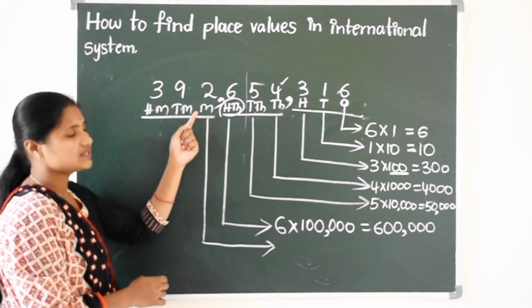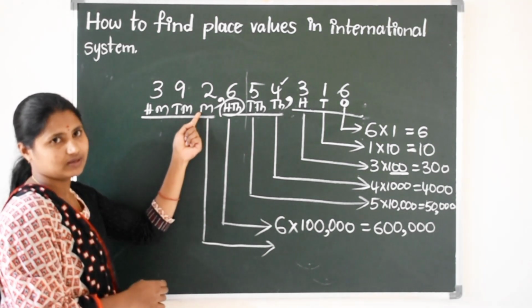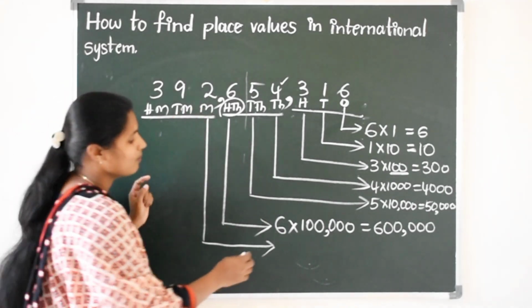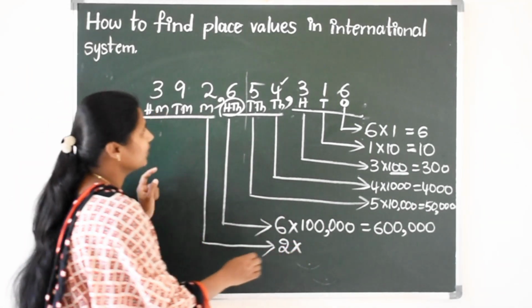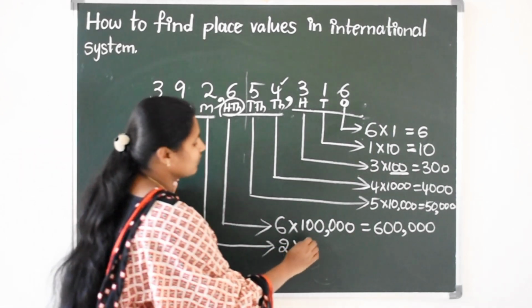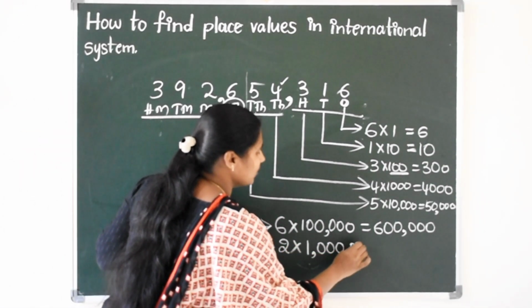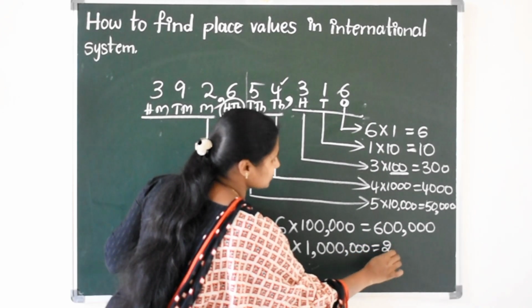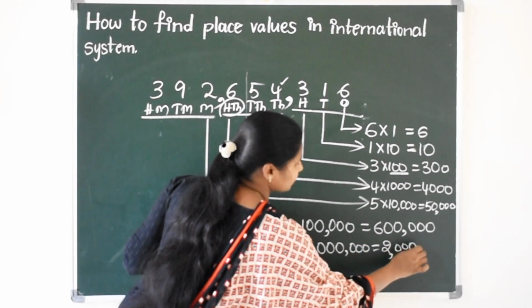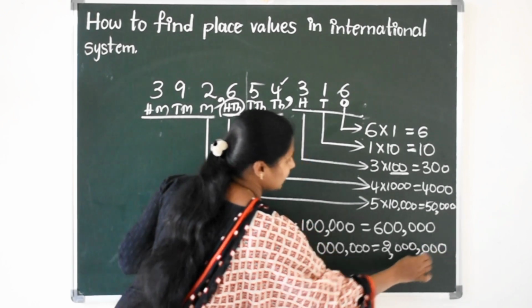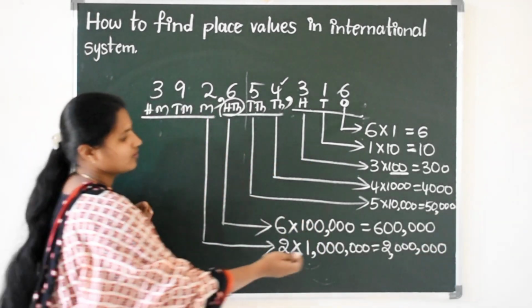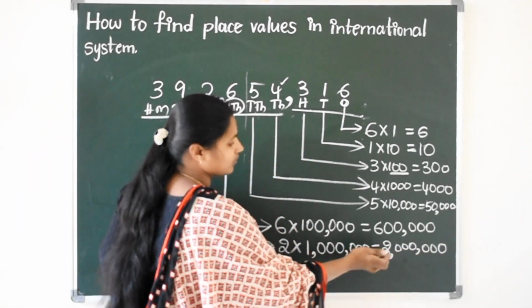Next, the place value of 2. 2 is in which place here? Millions place. So multiply 2 with 1 million. 2 into 1 million gives 2 millions. Ones period, thousands period, and millions period.